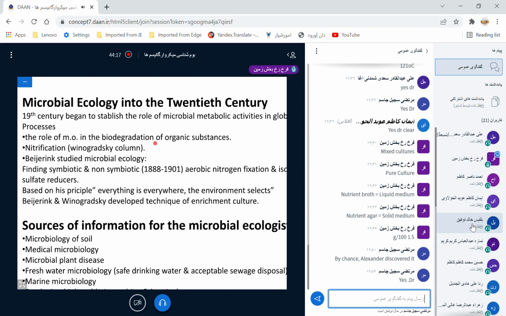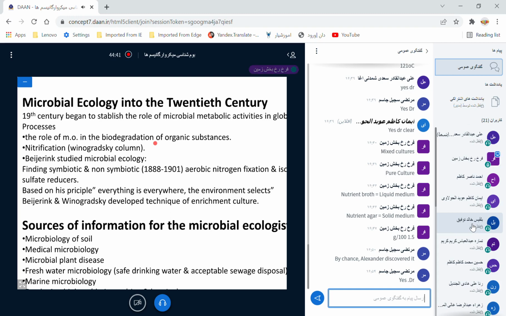Microbes in the soil are helpful, and sometimes we can use them. Suppose we have factories, we should have factories, it is important to have factories, but sometimes our factories pollute the air, the soil, and the water.